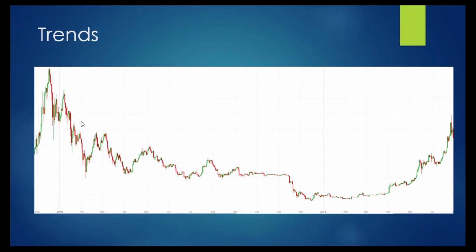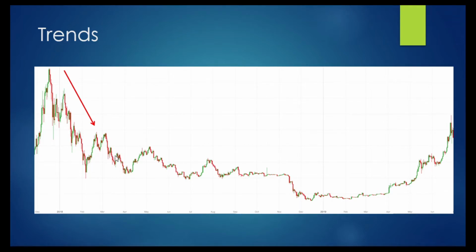Now here on an almost 3-year time period, we can see the various trends that happened within that 3 years. Various macro and micro trends. Here at the start, there was a clear downtrend with successive lower highs and lower lows.